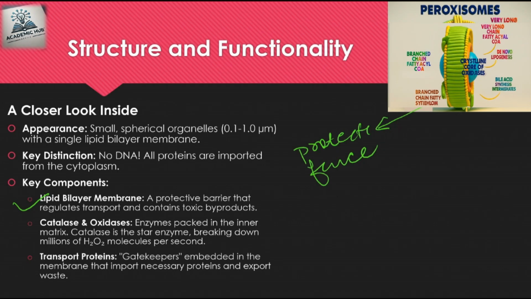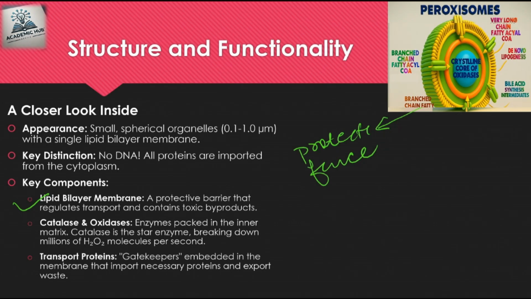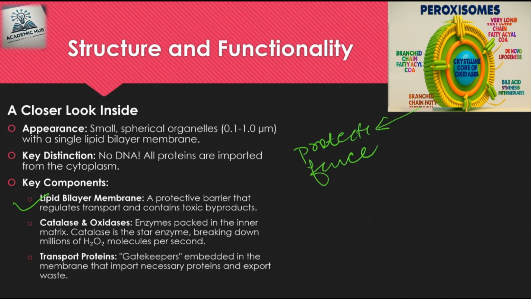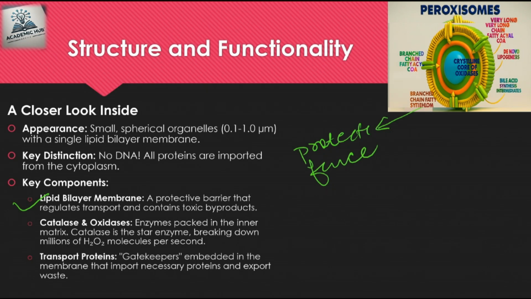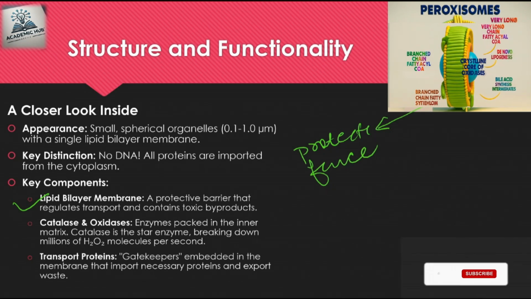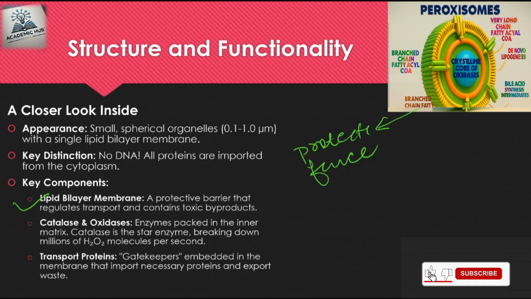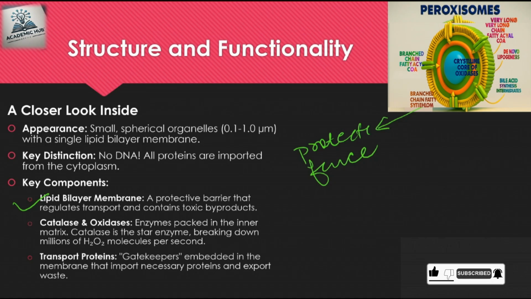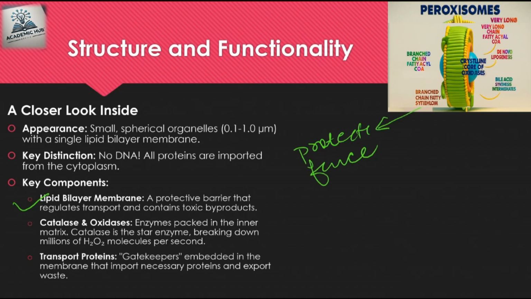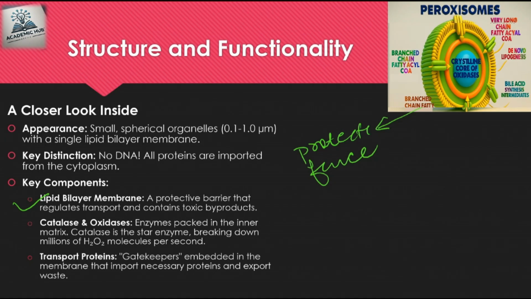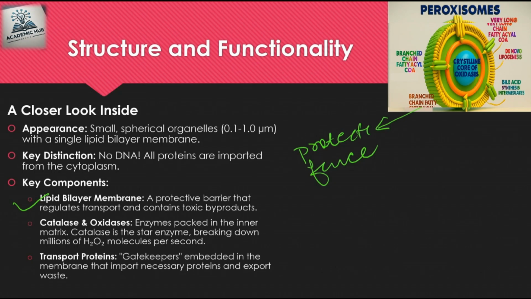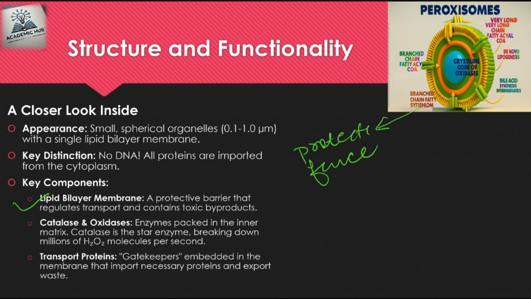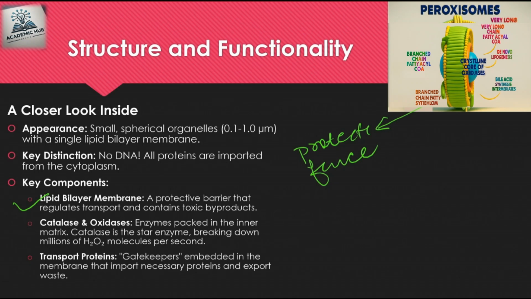It meticulously regulates the transport of enzymes and metabolites into and out of the organelle. Crucially, it also functions as a containment field, preventing the toxic byproducts generated inside, such as hydrogen peroxide, from leaking into the broader cytoplasm and causing widespread cellular damage.